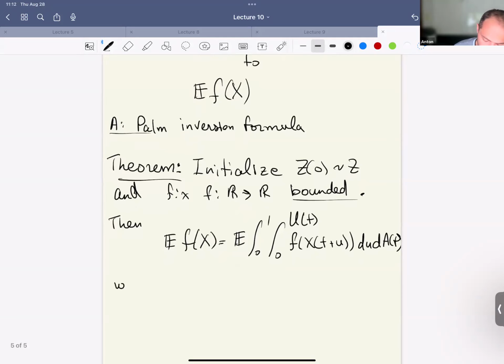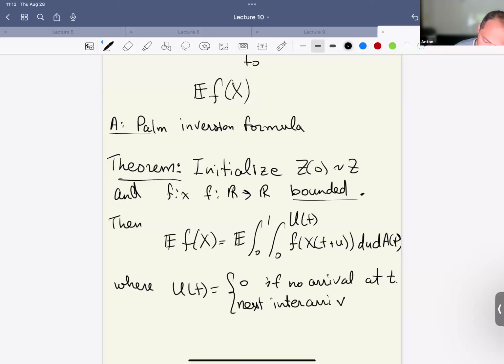Where U of t equals these two things: 0 if no arrival at time t, and this is the next inter-arrival time if an arrival at time t happens.